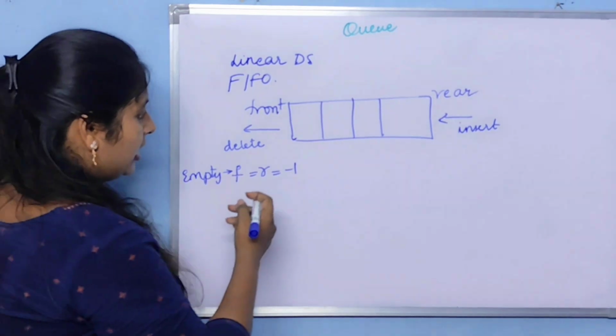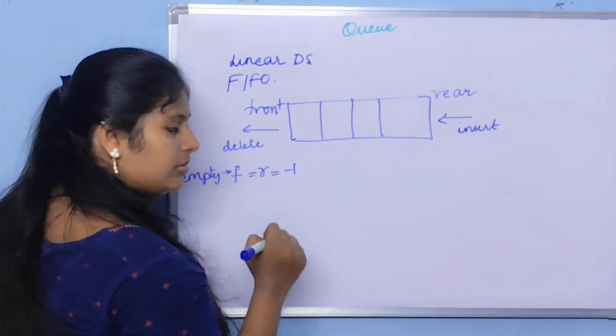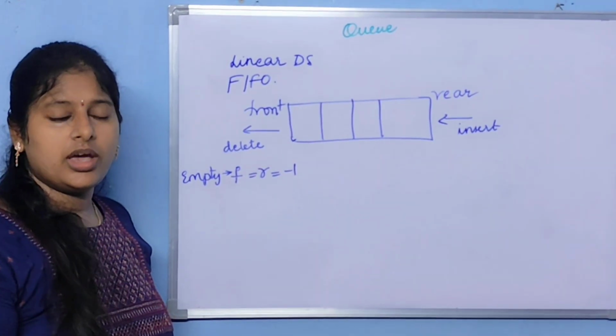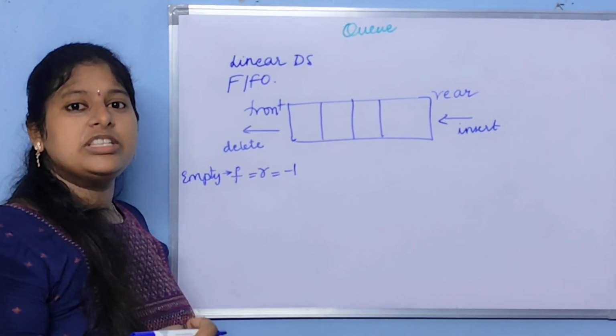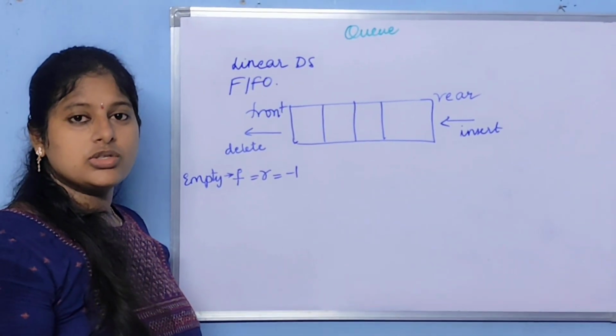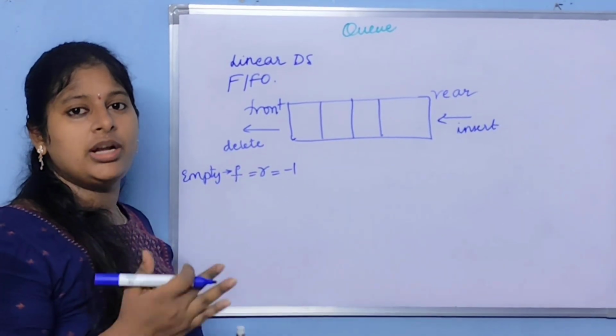Okay. Now, if you try to insert elements or delete elements, these operations are called Enqueue and Dequeue operations. Okay. So what operations do we generally do? Insertion and deletion, right? In the stack concept, you call insertion and deletion push and pop.